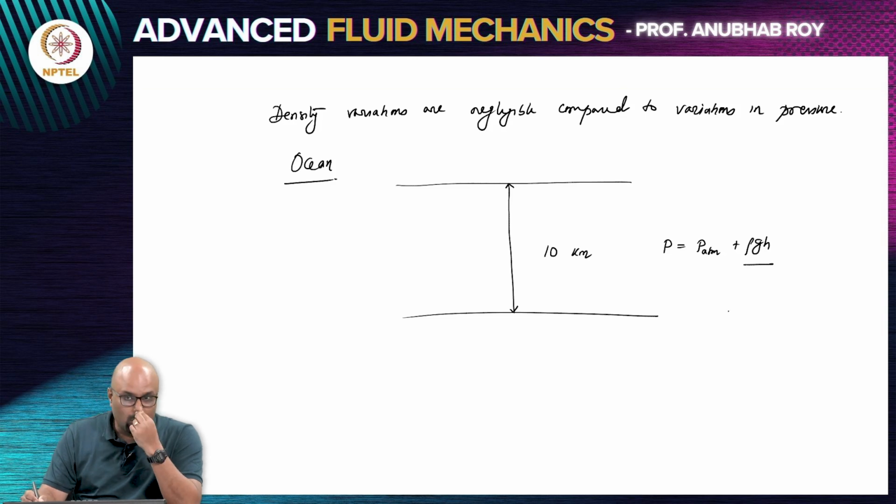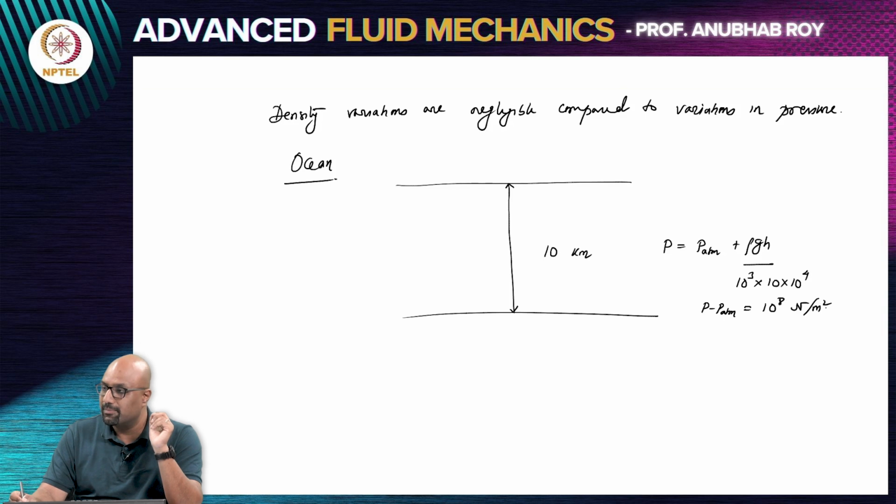So, if I take rho for water as 1000, let us assume that it's a constant, g is 10 and the depth is 10 kilometers, which is 10 to the power 4. So, P minus P atmospheric is around 10 to the power 8 Newton per meter square, which means the pressure at the deepest point in the ocean is approximately 1000 times atmospheric pressure.